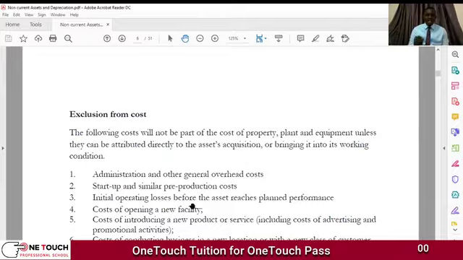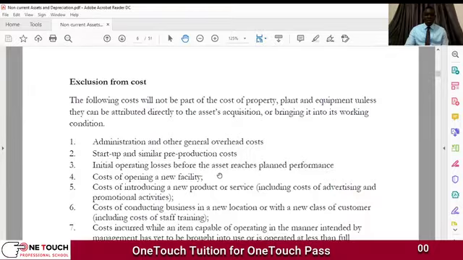One, administration and other general overhead costs. Startup and similar pre-production costs. Initial operating losses before the asset reaches planned performance.